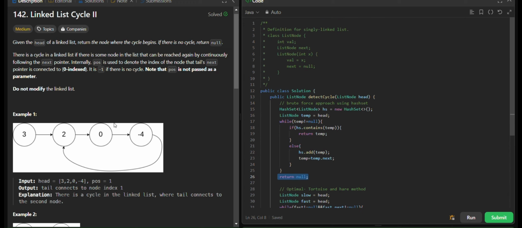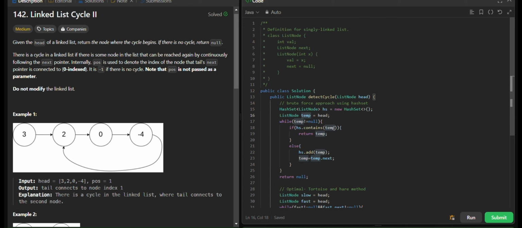So let's come and do a dry run. First things first, create a temp pointing towards head. Create a hash set which will be storing the nodes, not the values but the nodes. While temp does not equal null, make sure that you move the temp to the next node.